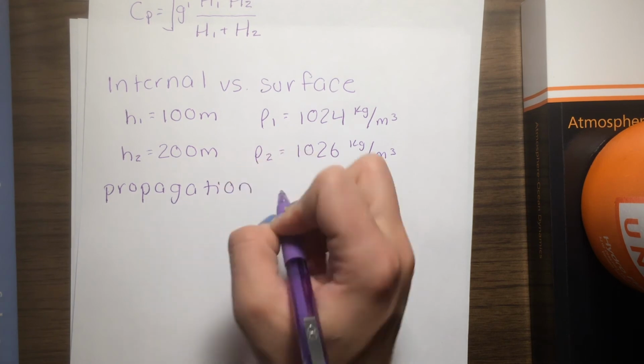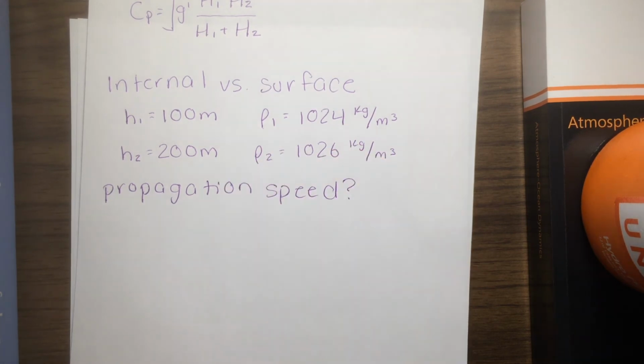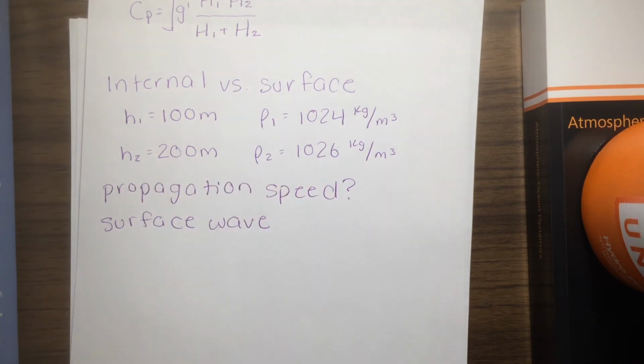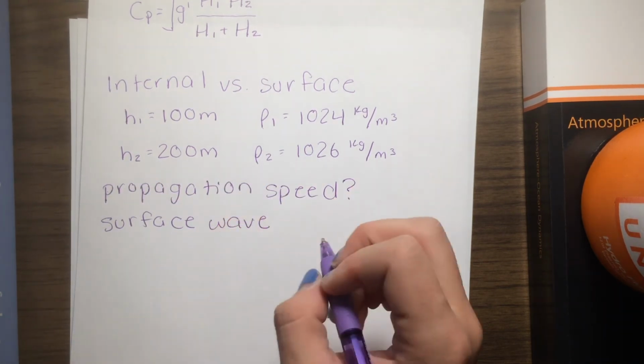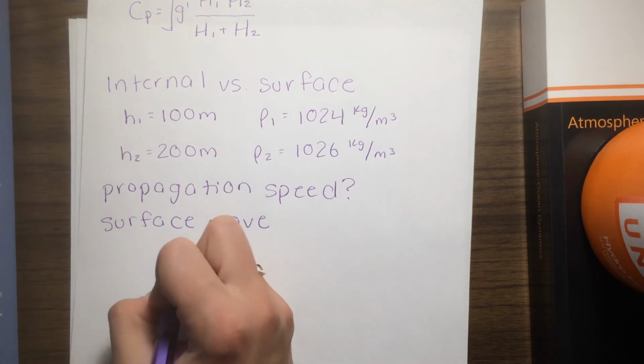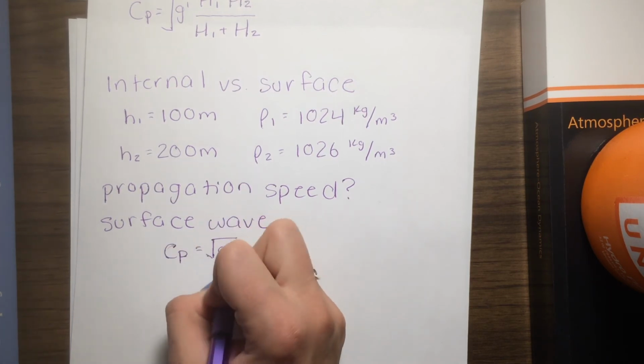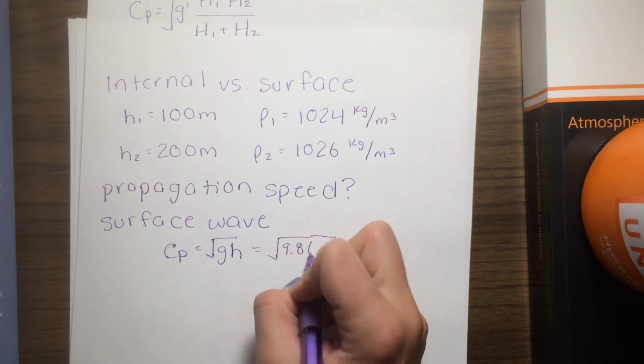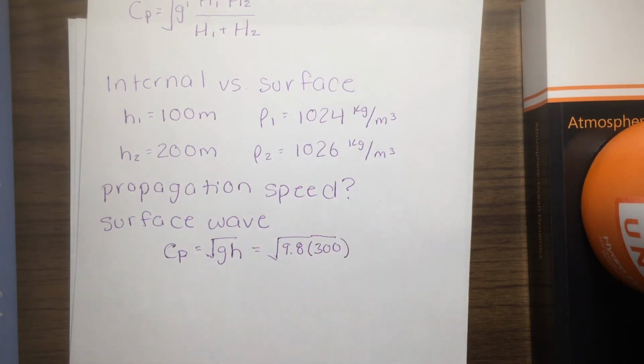Now we can ask, how fast would a surface wave propagate? Plugging in values for phase speed, we get the square root of 9.8 times 300.